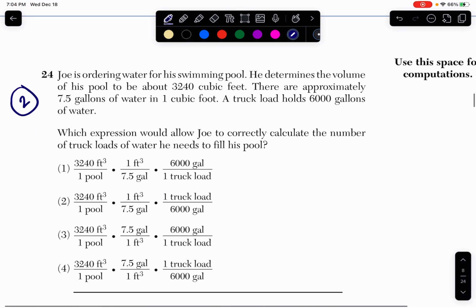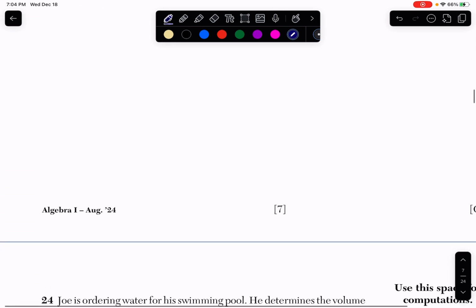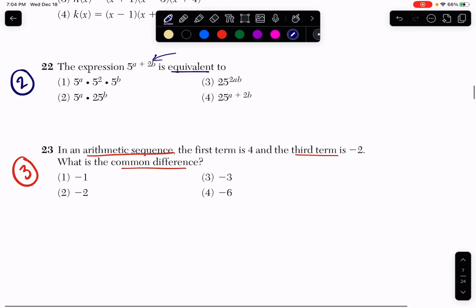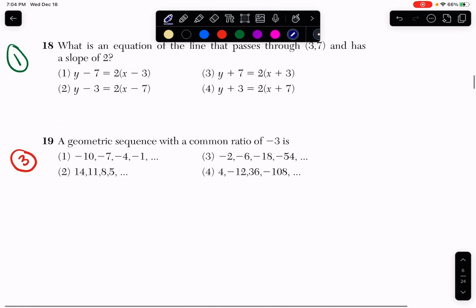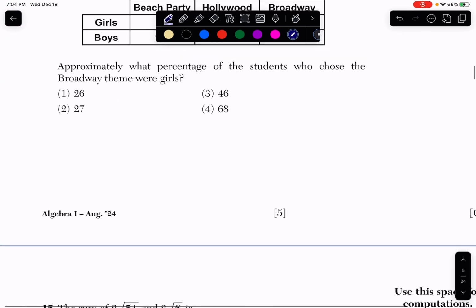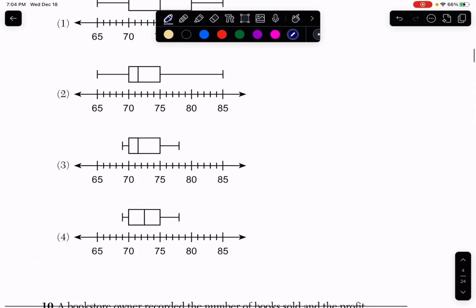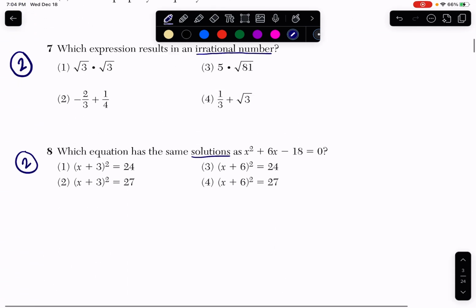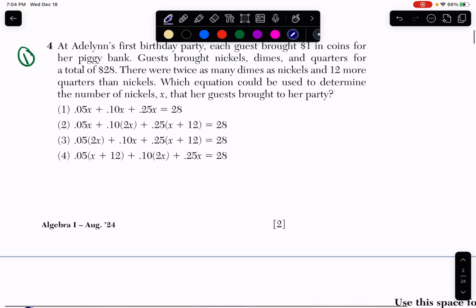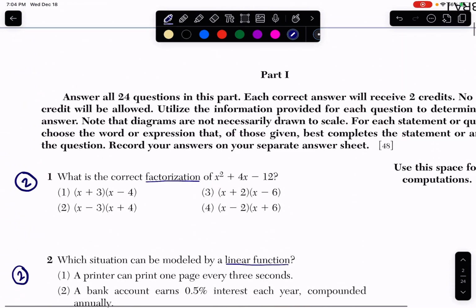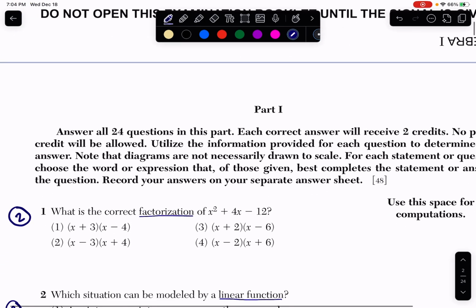So in total, we have 1, 2, 3, 4, 5, 6, 7, 8, 9, 10, 11. We have 11 questions in category 2.